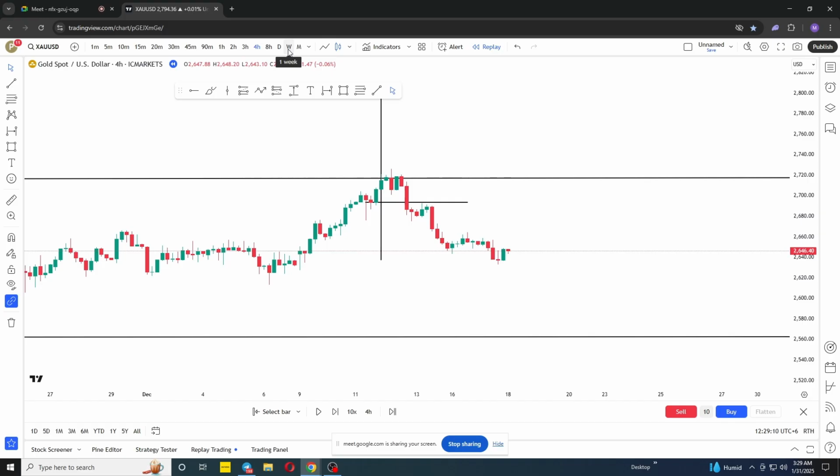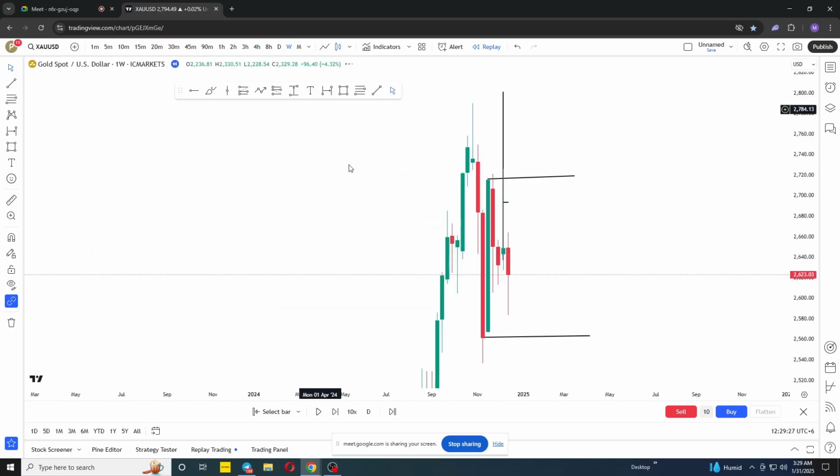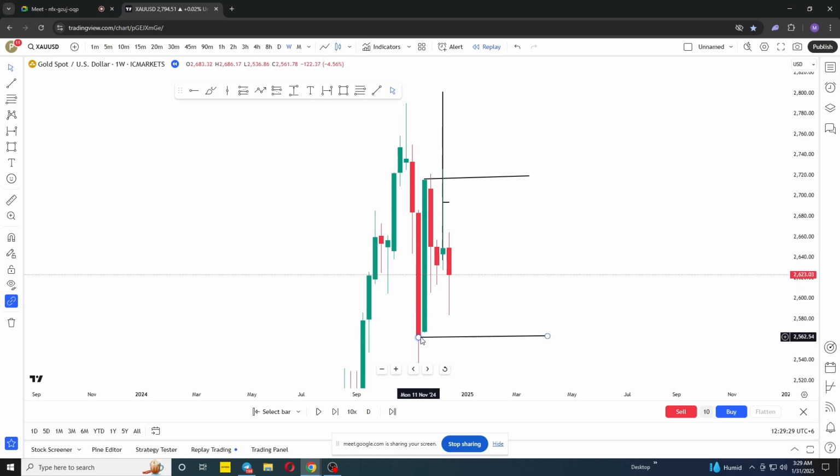I understand our monthly structure is bullish, but weekly is just showing me that in the bullish market we are seeing a weekly bearish move. If the bearish is continuing, till where? Till this fresh level.